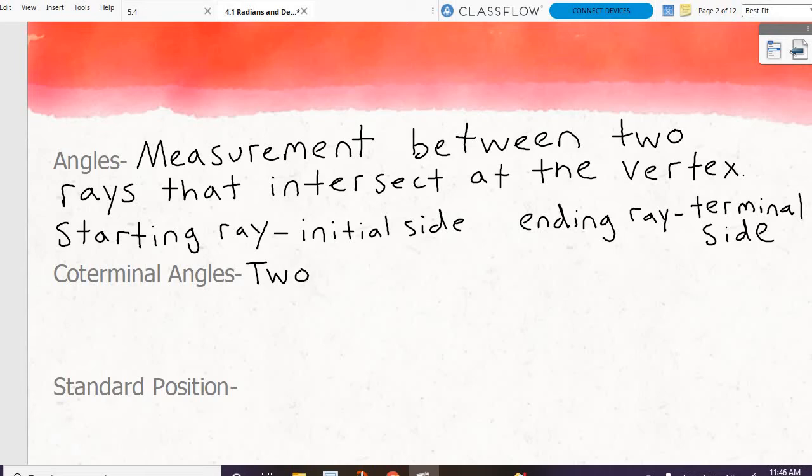No, what did we just talk about? The terminal side. So it's two angles that have the same terminal side.